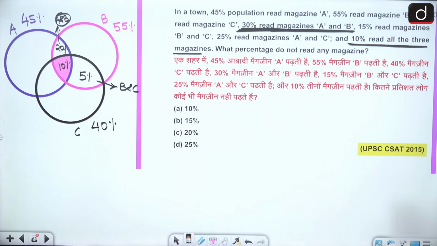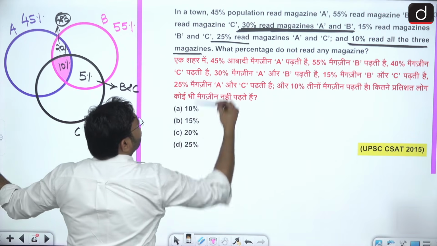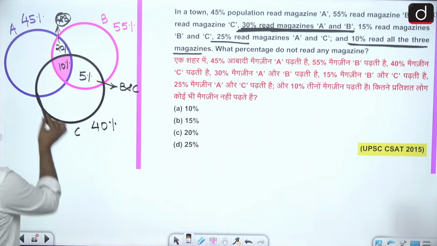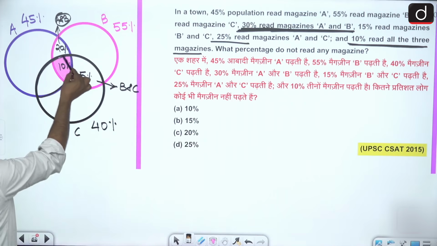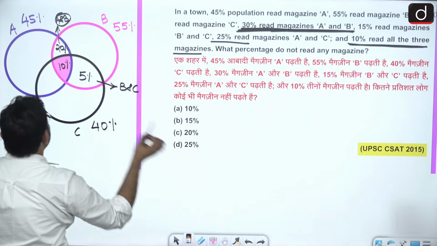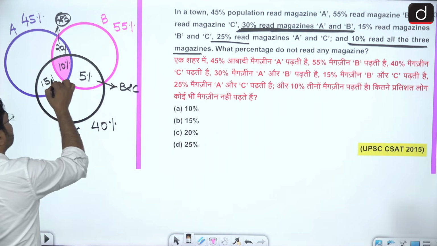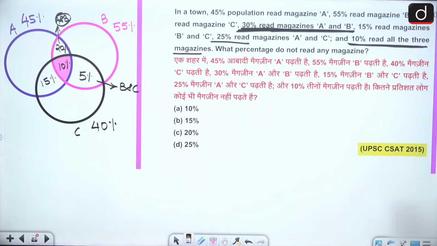Next. 25% read magazine A and C. This is A, this is C, and this area is for A and C. So this is 25%. If this is 25%, so 15% here. Any doubt? No.